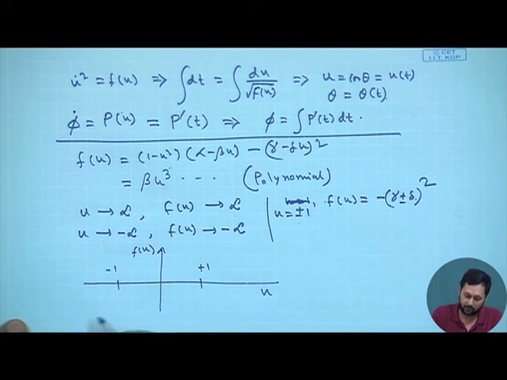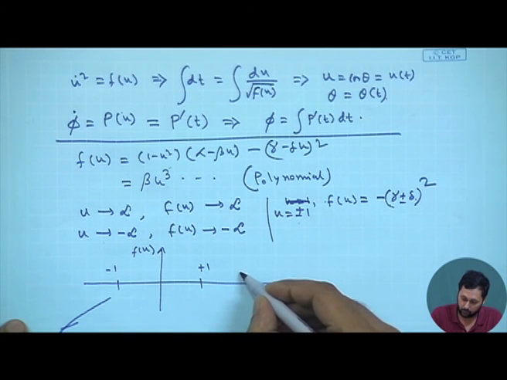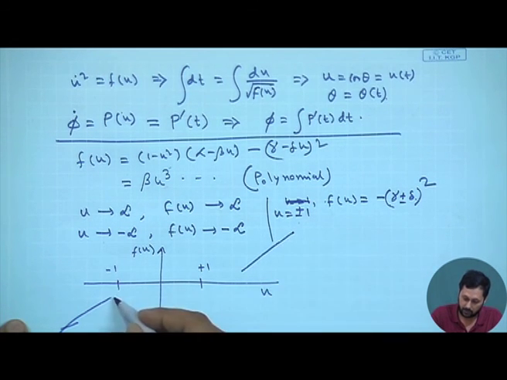So it is going to minus infinity, it is going to plus infinity, and at these two points it is negative definite. So at some point it has to cross 0.